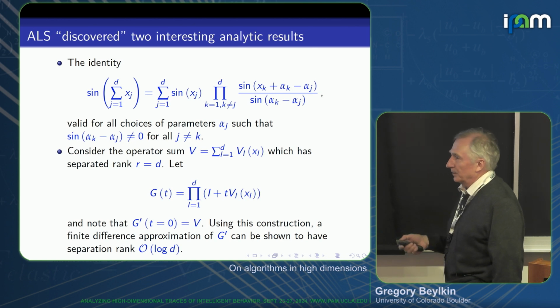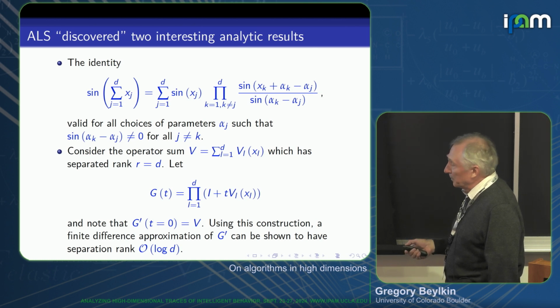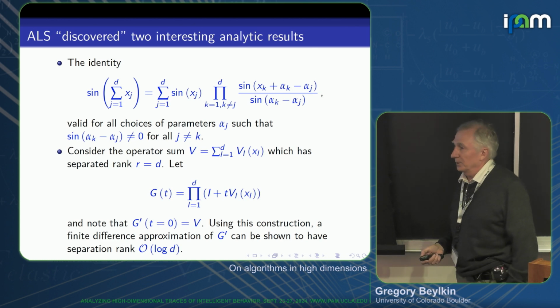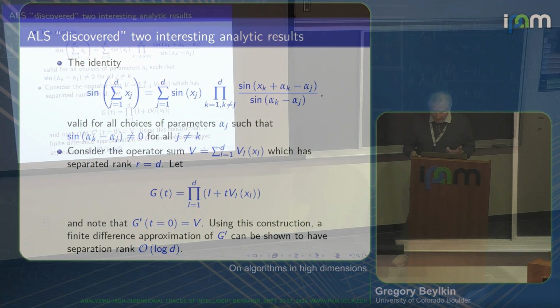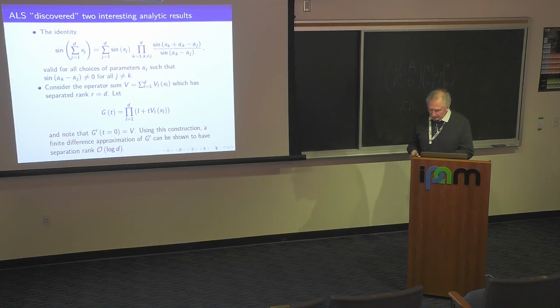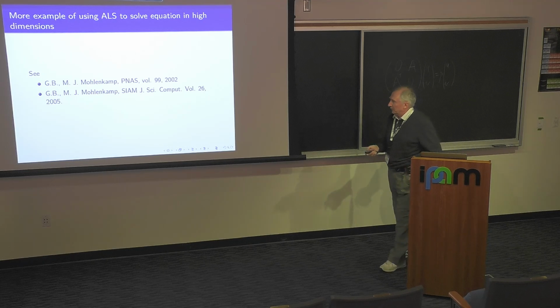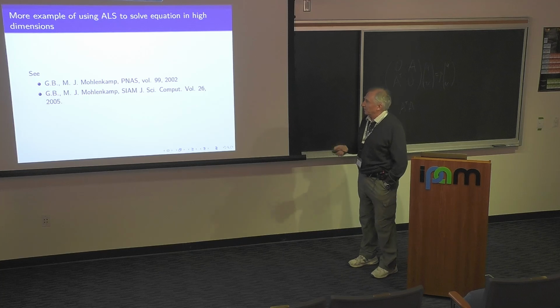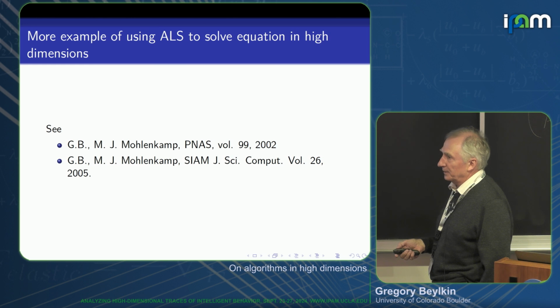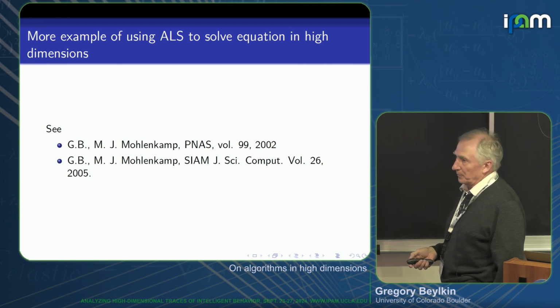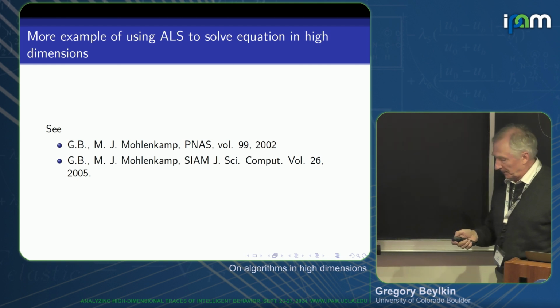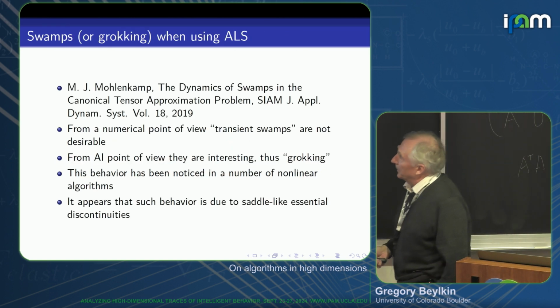This was not obvious initially, so the algorithm was interesting. We have 2 papers on this. The first paper is in PNAS. We were given only 6 pages, so it's very terse. Then, with a lot of examples, we have a paper in the SIAM Journal on Scientific Computing, 2005.